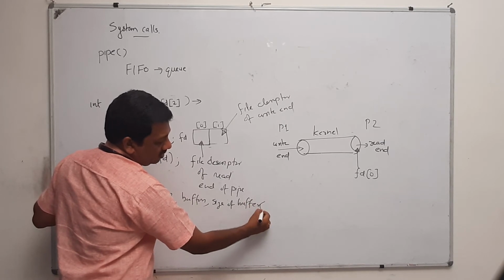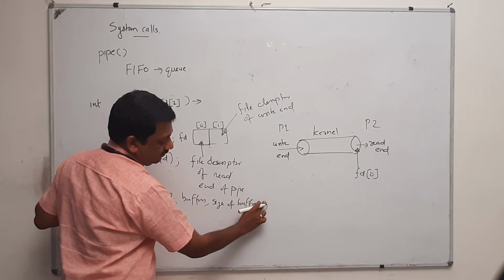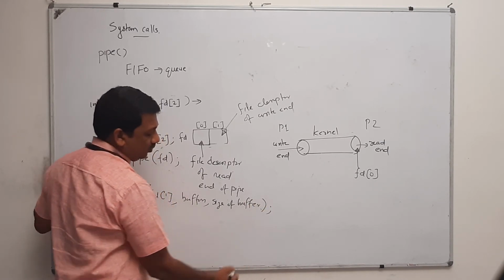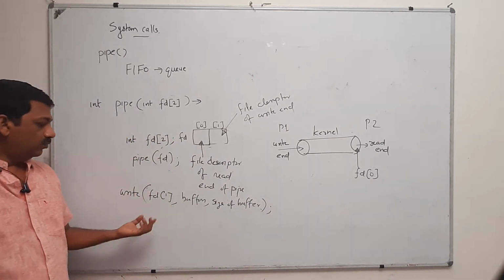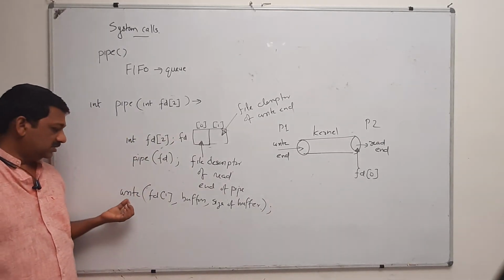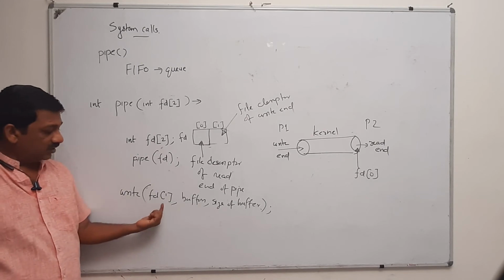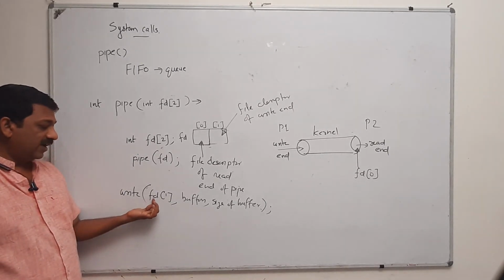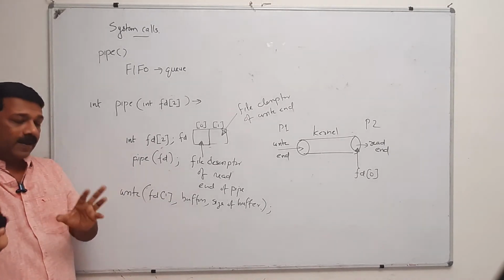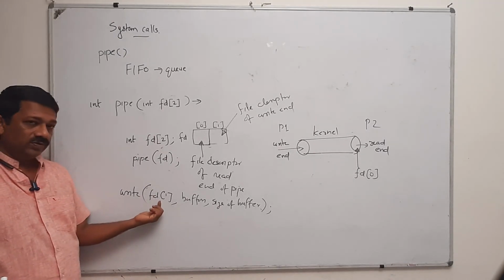When you are doing programming exercises and you go through the manual, you will understand these things better. Using write to fd[1], that means file descriptor 1, you have a pipe and the write end is pointing to this.